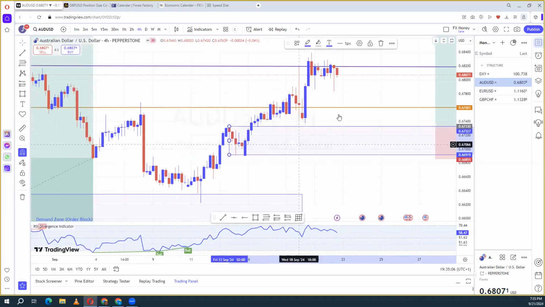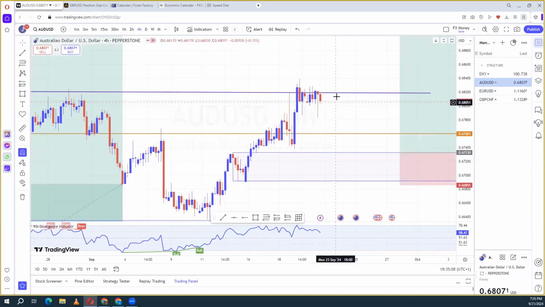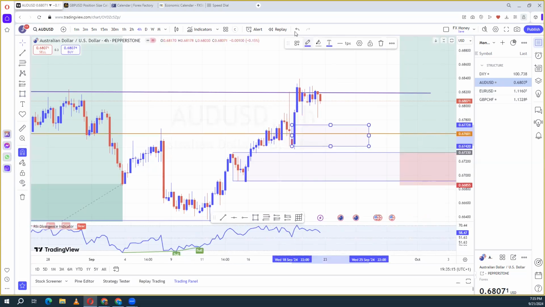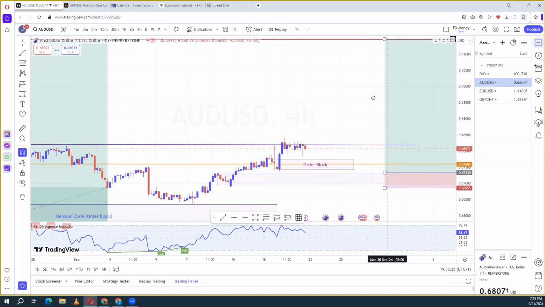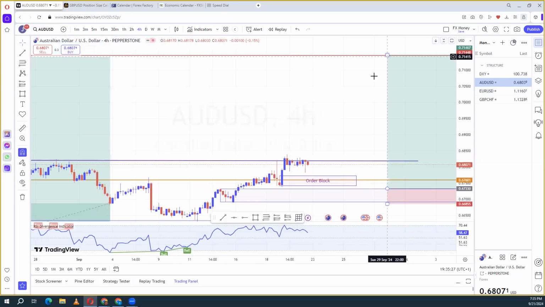So after it has broken, the high is going to come. Some people are going to want to get in here, which is the inducement. So it's going to take them out and come all the way down here, tag you in, then continue to the ultimate target, which is the weak high above.